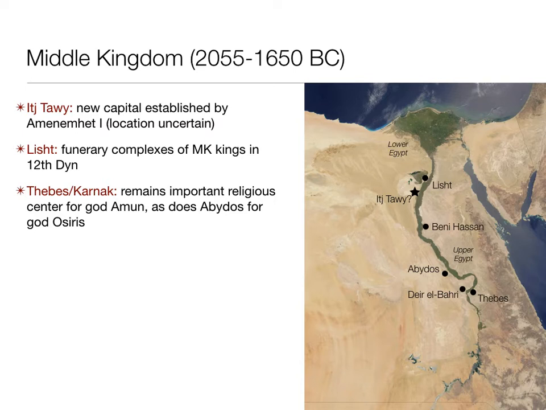But the Egyptians refer to it. It was a new capital established by a pharaoh named Amenemhet the first, and it's called Ichtawe, which means the two lands, referring again to the reunified Egypt.